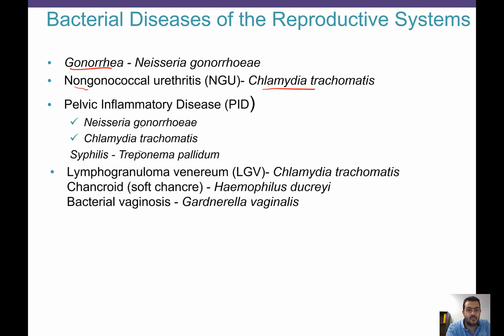As you can see, both organisms are responsible for causing urethritis and for causing PID, pelvic inflammatory disease. There are other bacteria we are not going to cover. For example, there is syphilis caused by Treponema pallidum and some others, but we will not cover this. We will just take gonorrhea as an example.